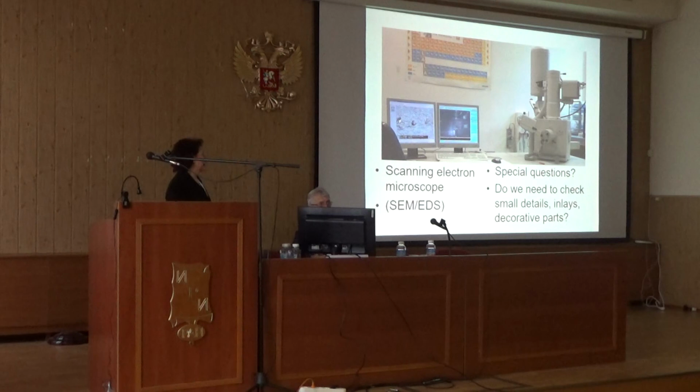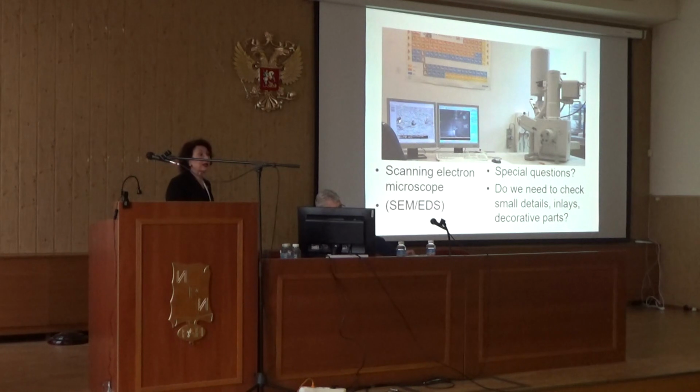For details, when we have spatial questions like how was the gilding done, which kind of gilding is this, there are several possibilities, of course, or we have small details like inlays, decorative parts and whatever.